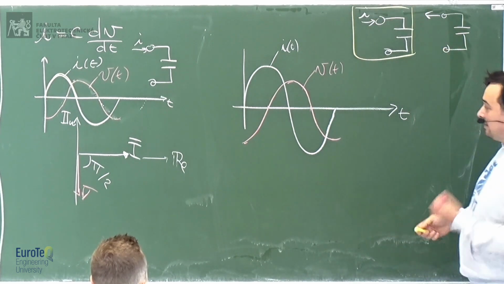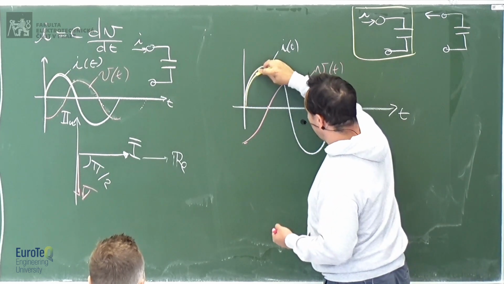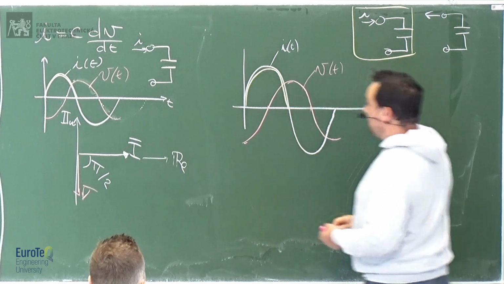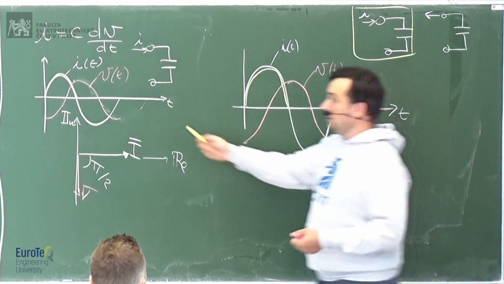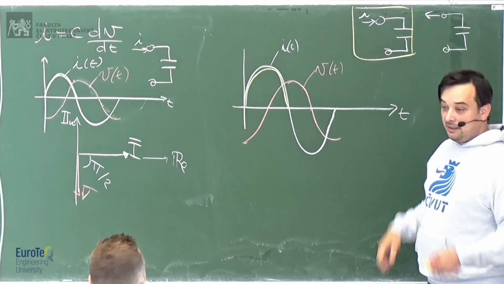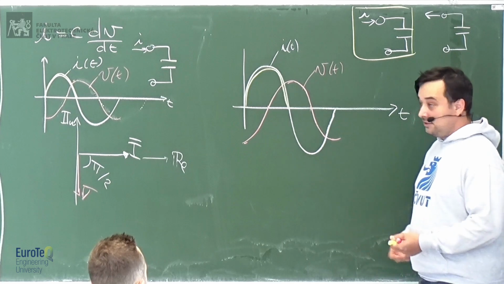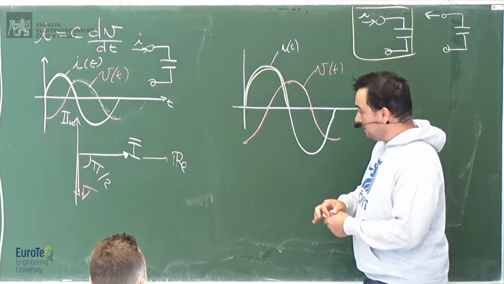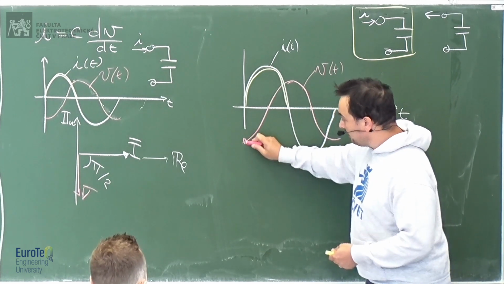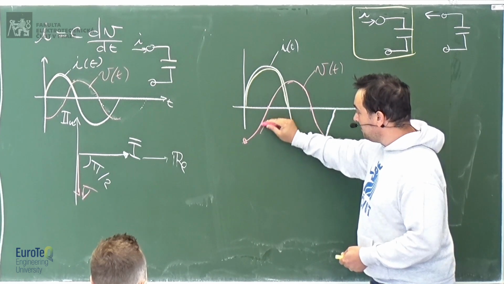So let's consider the first case, yellow. The yellow case is when the current goes in, when you're charging it. Exactly. So in this case, if the current is positive, then you are pumping charges inside, so you increase the voltage. Look here, we start from this value of the voltage, and the voltage just increases.